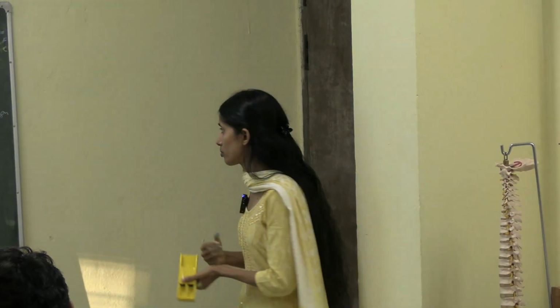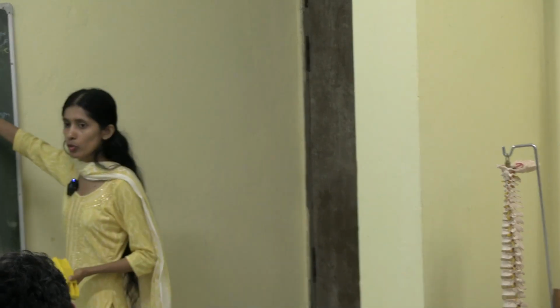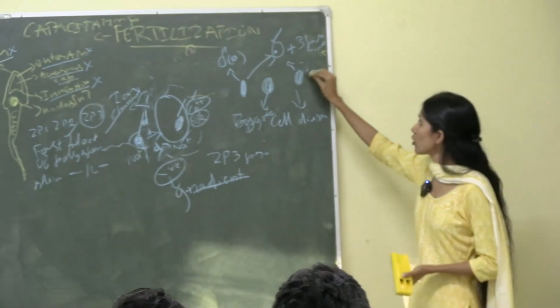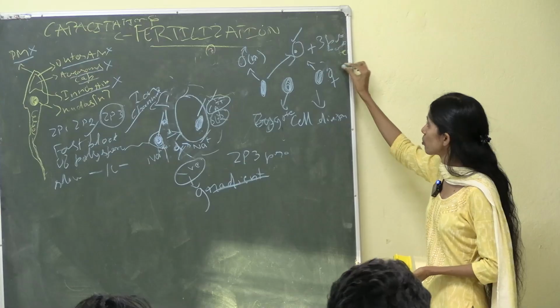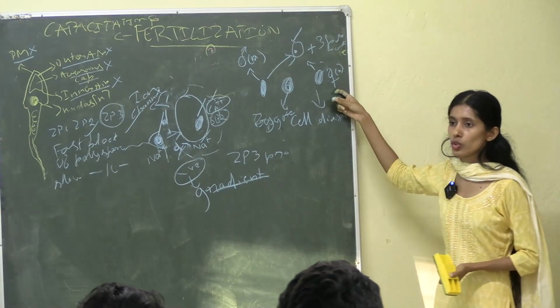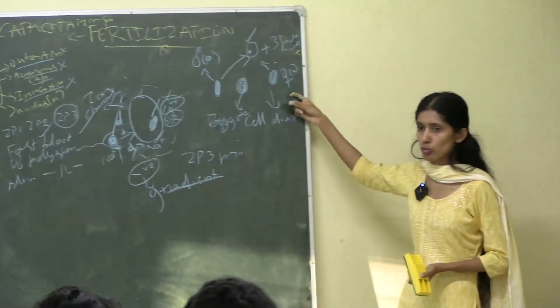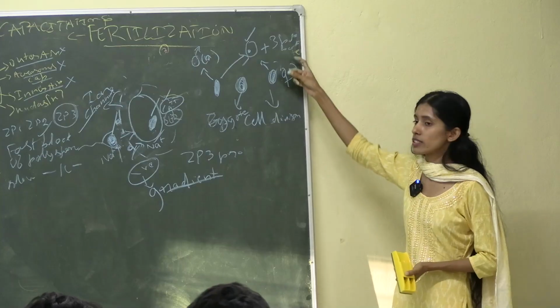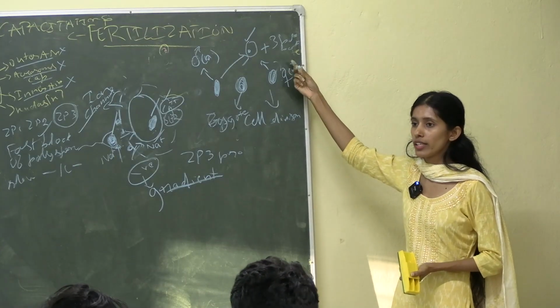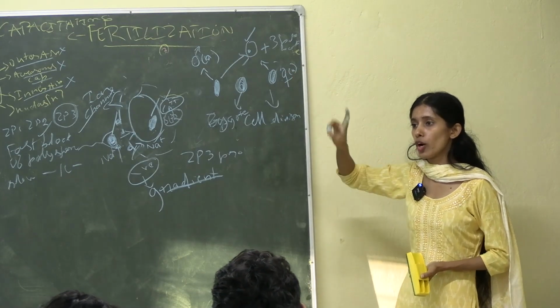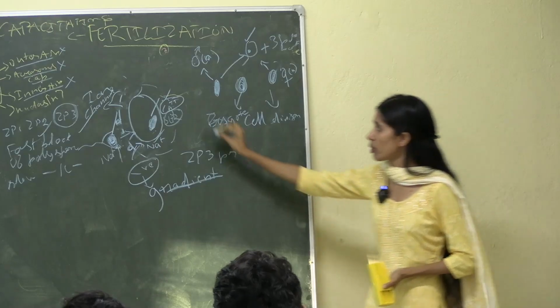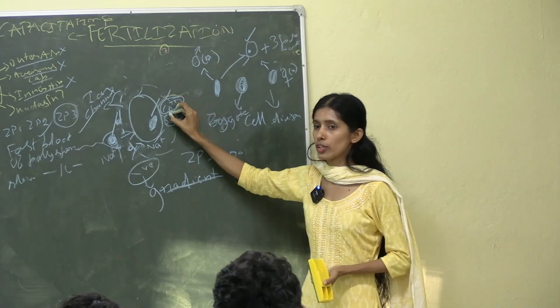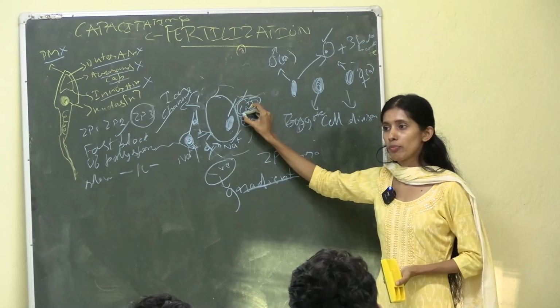Is it clear? Okay. So this is the male pronuclei, okay, and we have female pronuclei. This is the female pronuclei, which is also carrying haploid number of chromosomes. And this cell got arrested in the prophase of meiotic second division. Okay, remember your smooth endoplasmic reticulum is producing Ca plus ions.